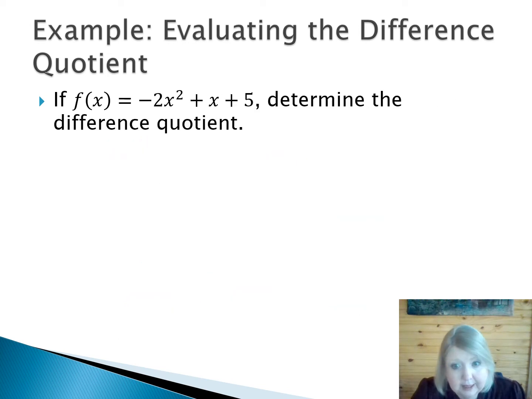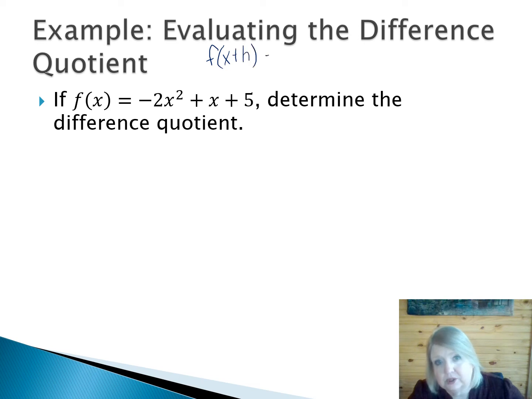And one last and rather lengthy example before we call it quits for the day. If f of x is negative 2x squared plus x plus 5, determine the difference quotient. Again, by the time you finish practicing this, you should know this difference quotient.